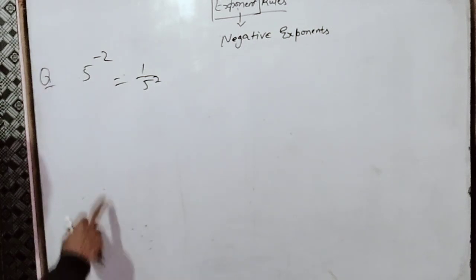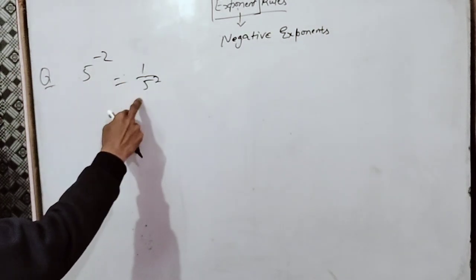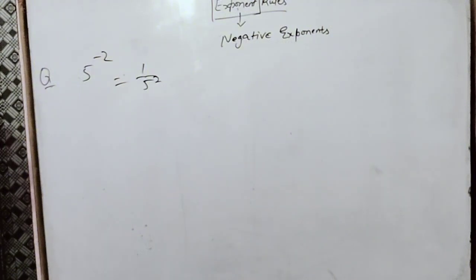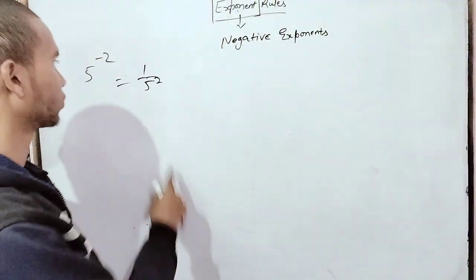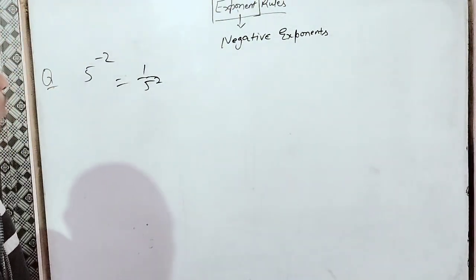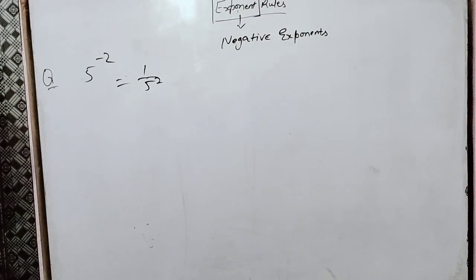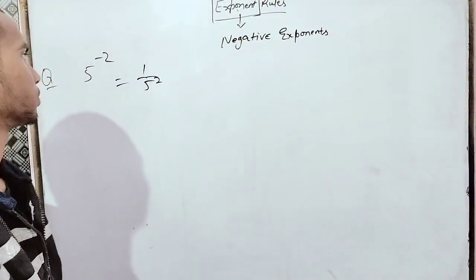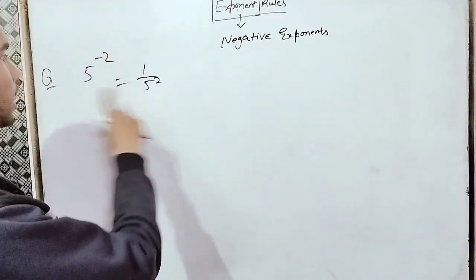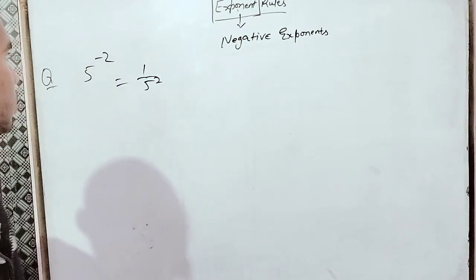We wrote it in the denominator and our exponent was negative, so that is why it changes, because we changed the position of 5 raised to the power minus 2. So it can be written like that. Clear?